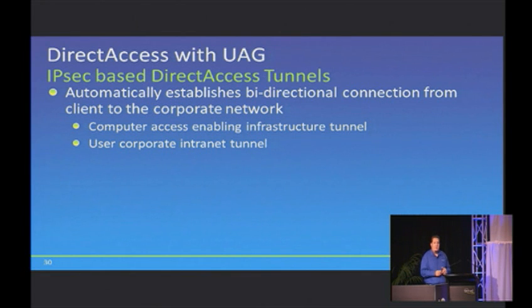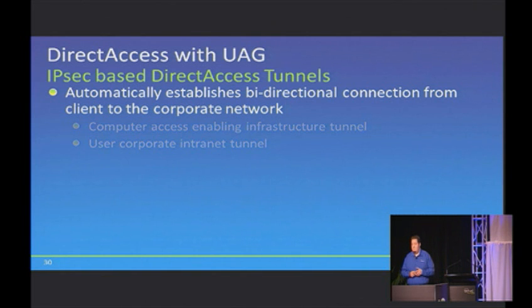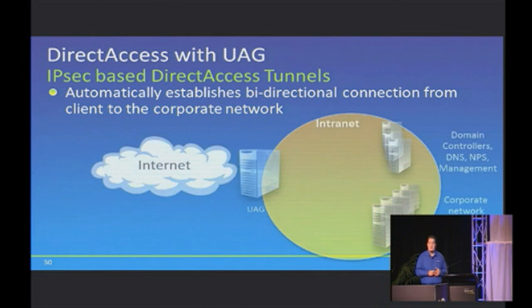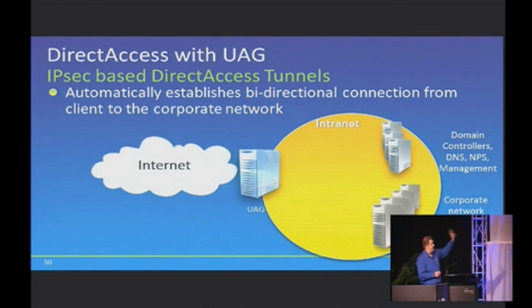So when my DirectAccess is setting up, two tunnels are established. They are also done automatically, and I cannot see anything when this magic happens. So there's internet access, UAG between the local LAN, and then there are the resources.